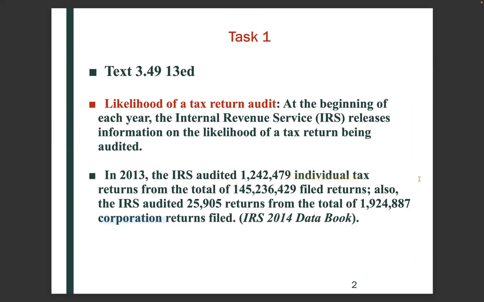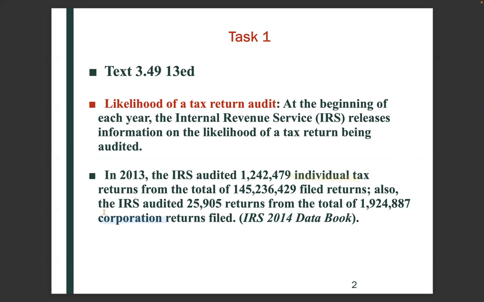At the beginning of each year, the Internal Revenue Service, IRS, releases information on the likelihood of a tax return being audited. In 2013, the IRS audited 1,242,479 individual tax returns from the total of 145,236,429 filed returns.